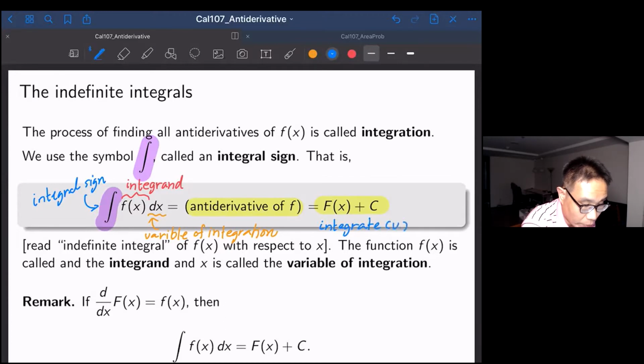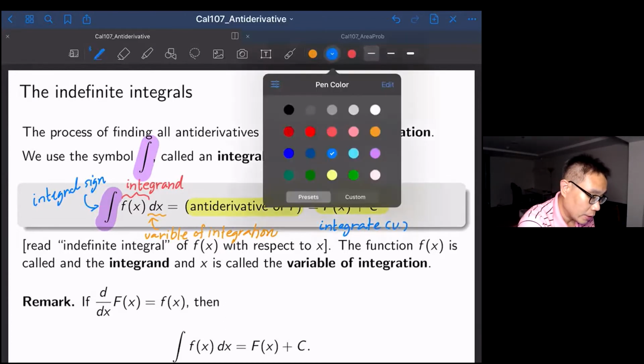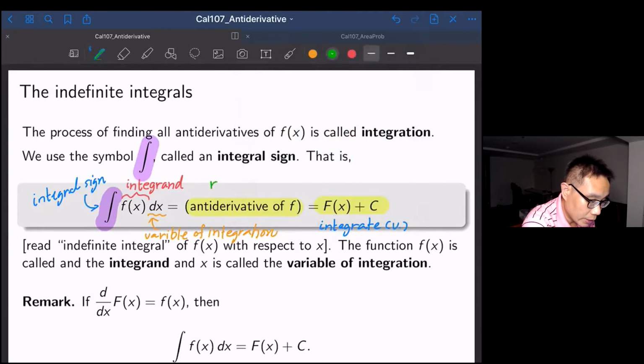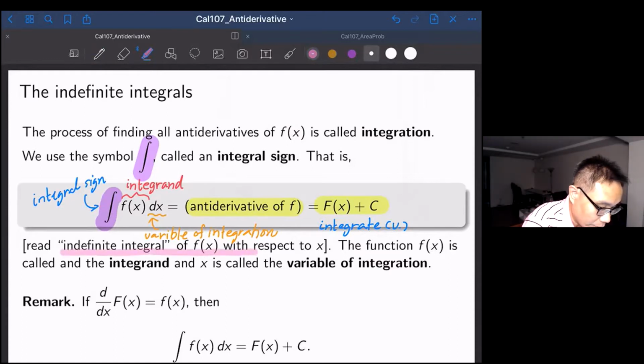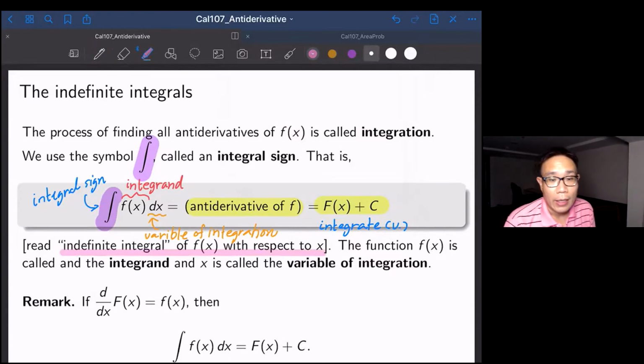So this one is your verb, and you're going to read the whole thing: indefinite integral. This one is going to be read as the indefinite integral of f(x) with respect to x.